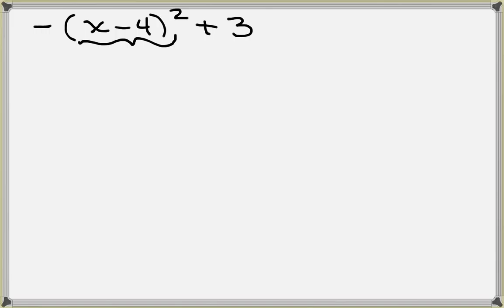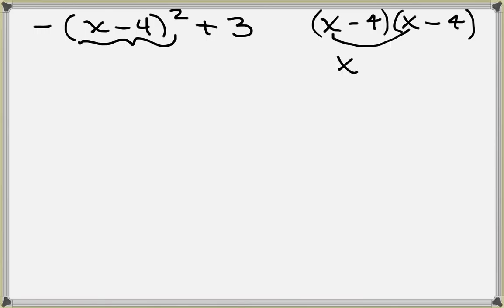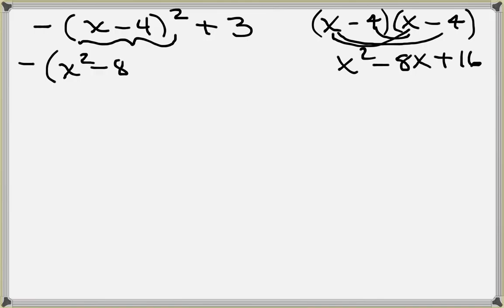Remember, this is when you used to do FOIL. If we square that, we're going to have x squared minus 8x, and then minus 4 times minus 4 is 16. That's the part inside the parentheses, and this is some of your basic algebra.